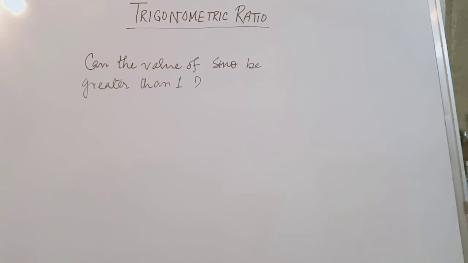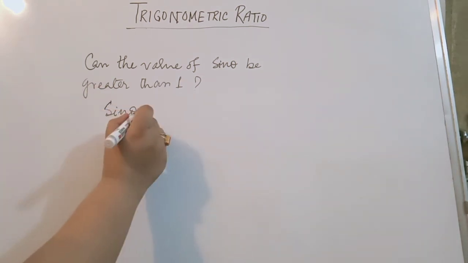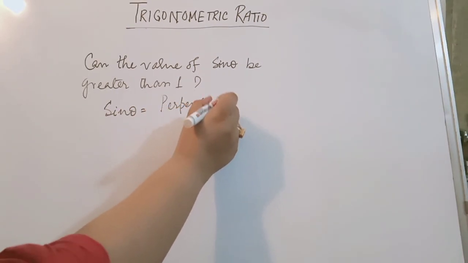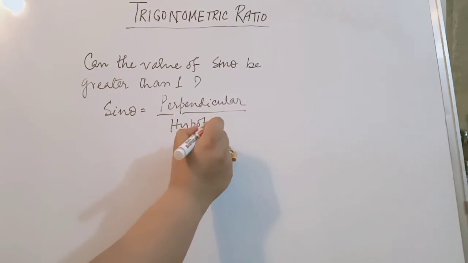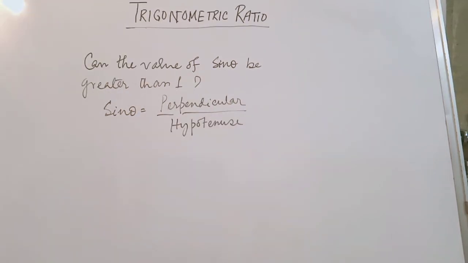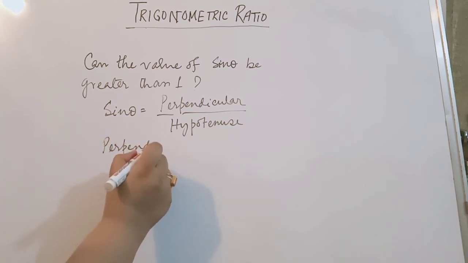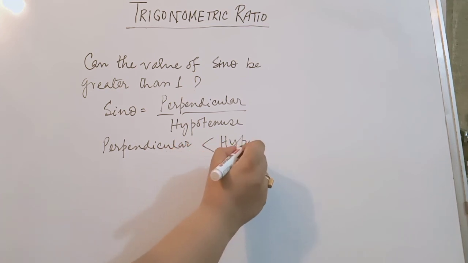Now let's try to answer a very interesting question. Can the value of sin theta be greater than 1? Let's try to answer it. We know that sin theta is equal to perpendicular by hypotenuse, right? Now, it is also known to us that hypotenuse is the longest side of a right angle triangle. So, the length of perpendicular will always be less than the length of hypotenuse in a right angle triangle.